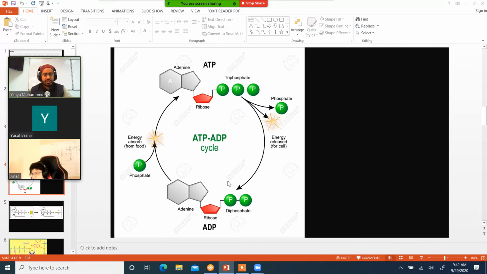The cell does this from energy that is produced from food. Then ATP goes all over the cell and does work by cutting off one of its phosphate groups. When that bond is cut, that releases a whole bunch of energy, and that's used to do work in the cell.